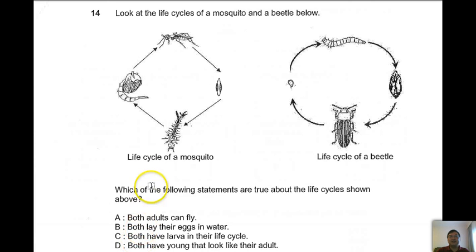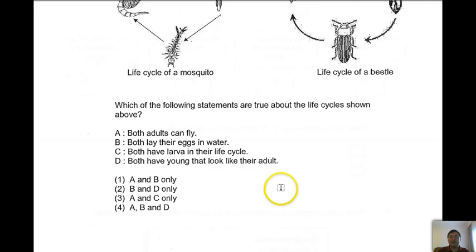Next. Okay, here shows the life cycle of a mosquito and life cycle of a beetle. Both of them have four stages. And yeah, they have the pupa and they have the larva. Of course both start from an egg. Now, which of the following statements are true about the life cycle shown below? Both adults can fly. True. Let us scroll this up.